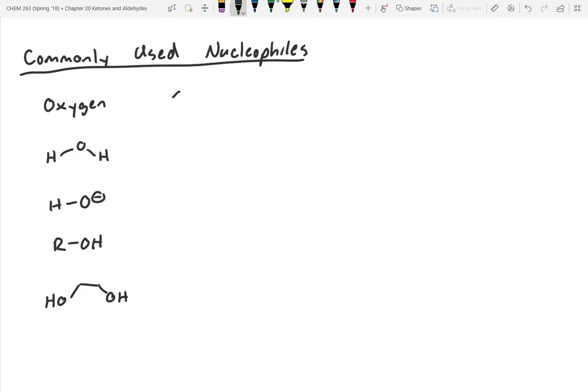You can also do sulfur nucleophiles. You can use hydrogen sulfide, although I don't think most people do because that's incredibly stinky and it's a volatile gas. However, you do see the mercapto version. So you've got two sulfur groups on there that's similar to the diol on the bottom.